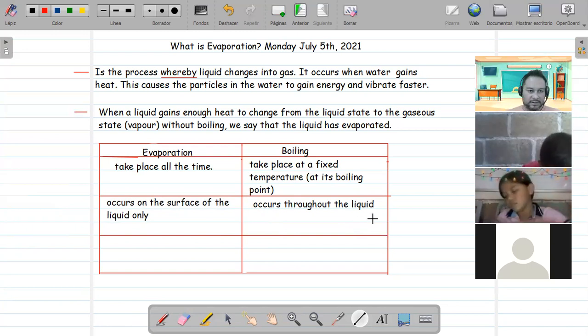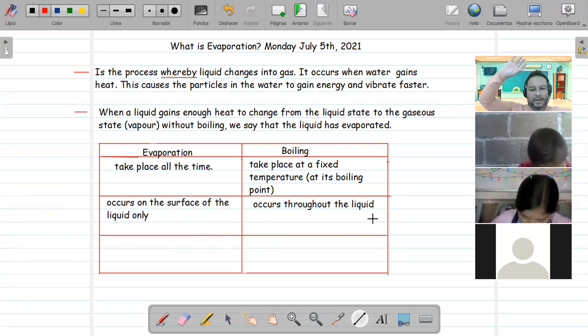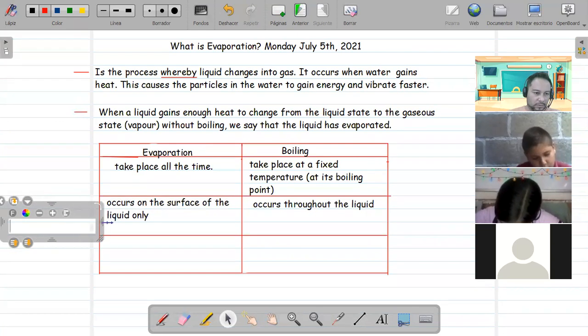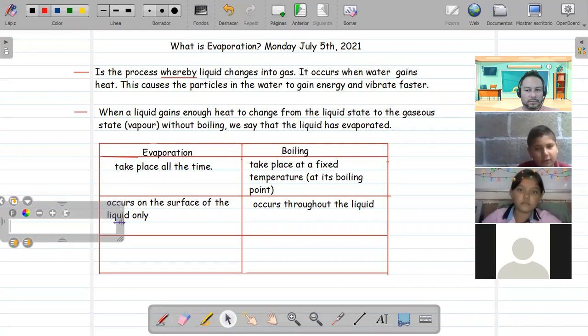Which one is faster, evaporation or boiling? Because you know, evaporation, for example, my pants can be wet.